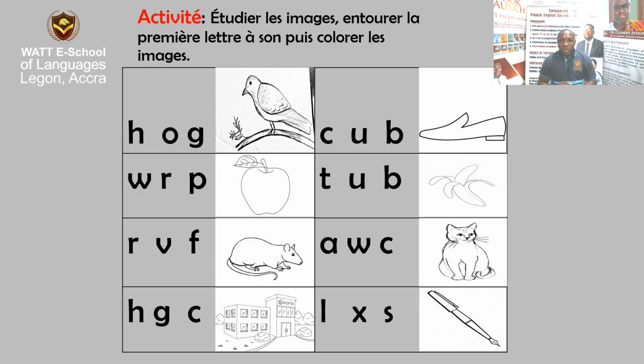But do not forget that you have to color these images in your book, because the instruction says, study the images, circle the first letter sound, and color them. So you have to color them later when we are done with the activity. Now let's go.